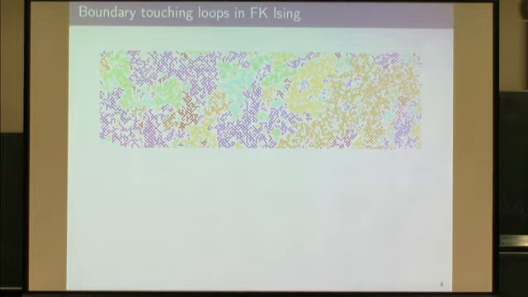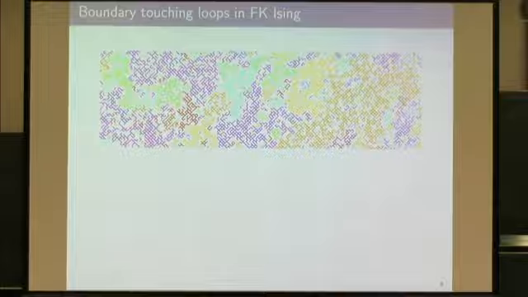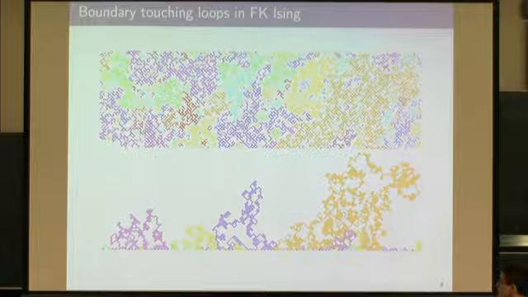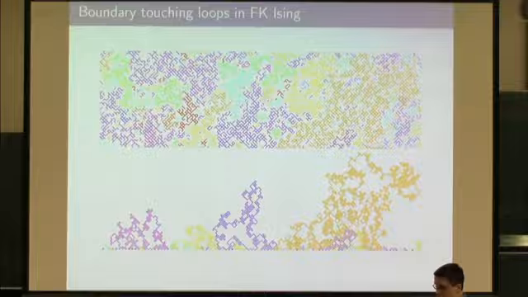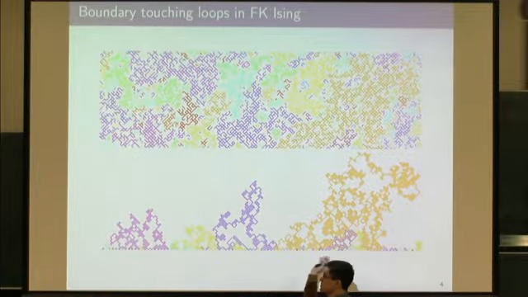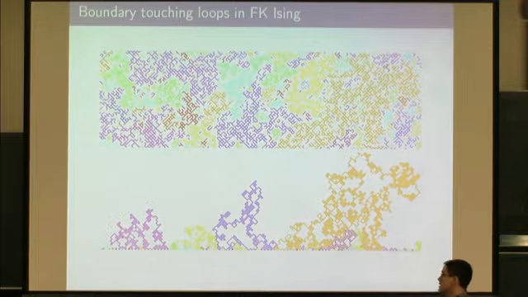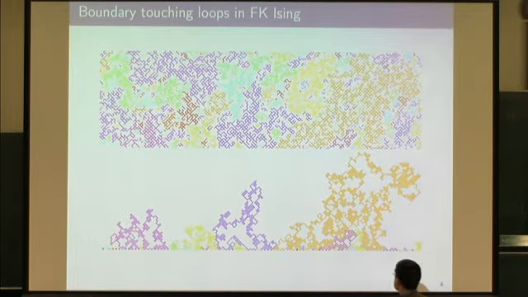So what I want to do here, this is the FK configuration, and then I just take the loops which I had, and then I try to describe this set of loops. So basically, in some sense, these are the first generation, and then I still restrict to those which touch the boundary.